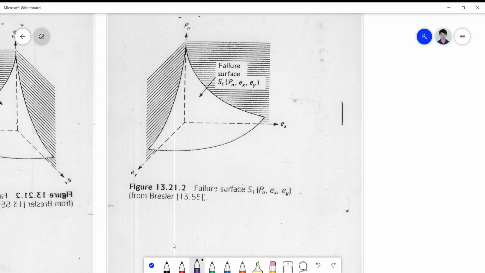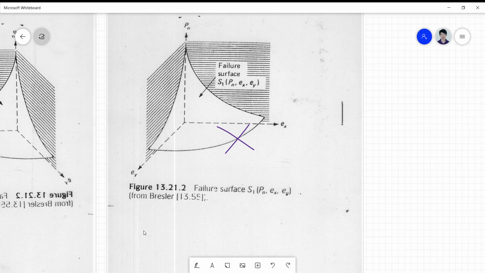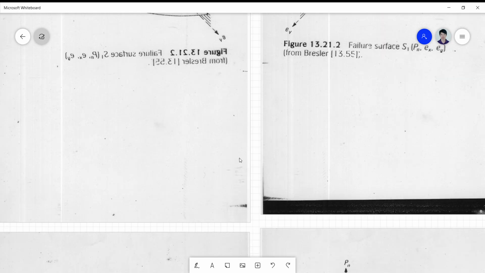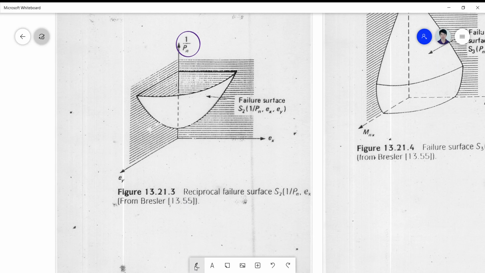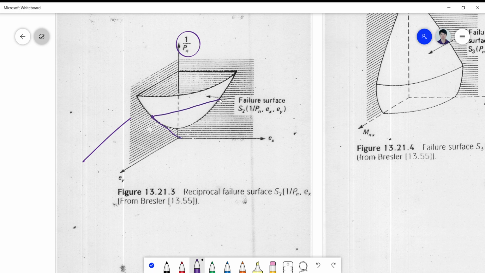Okay, Bresler did not use this in the computation. He just explored the possibilities and he came up with a reciprocal surface. This is what he used, because he saw that the error was smaller when you put points A, B, C here. His surface here is like that. So your error became smaller between the surface and the actual curve there.